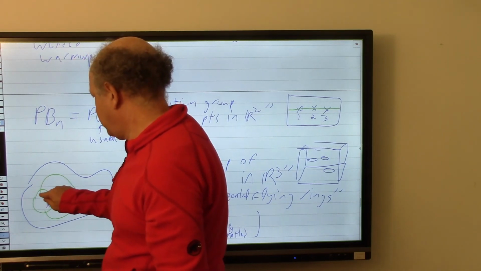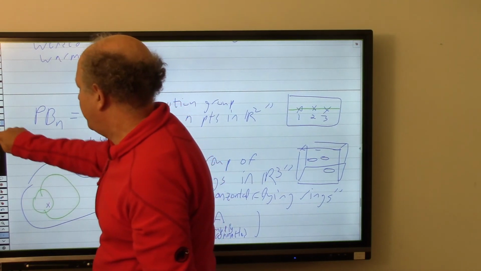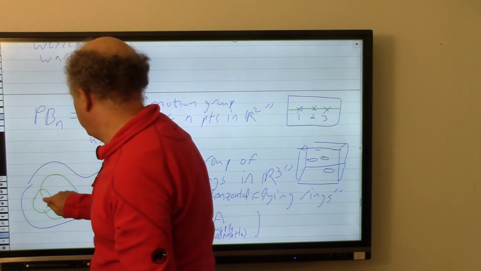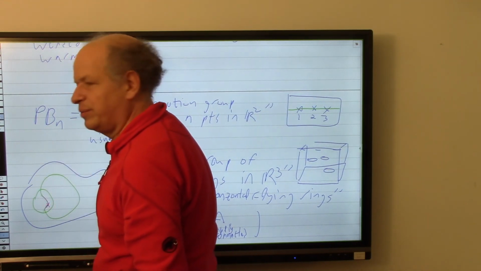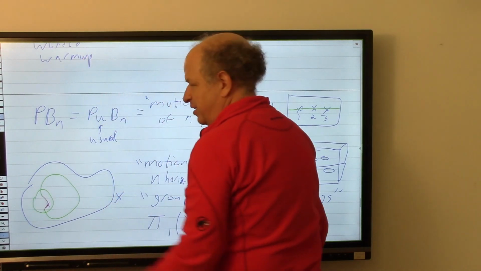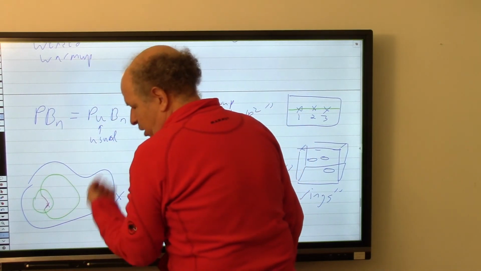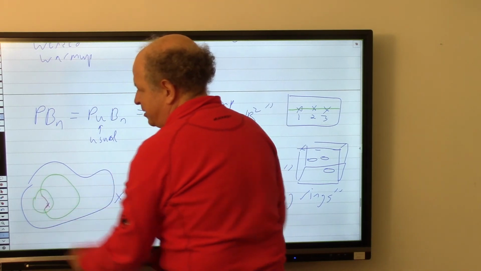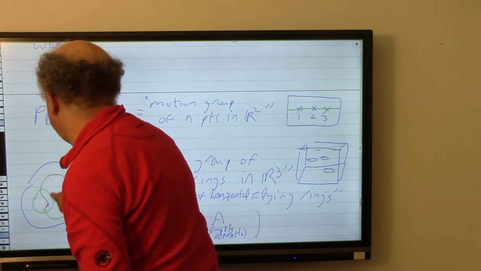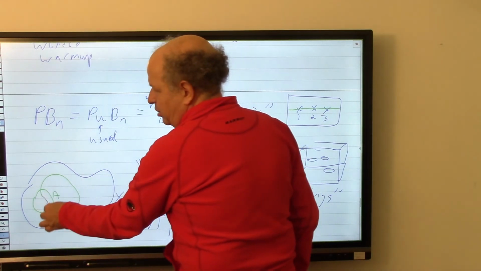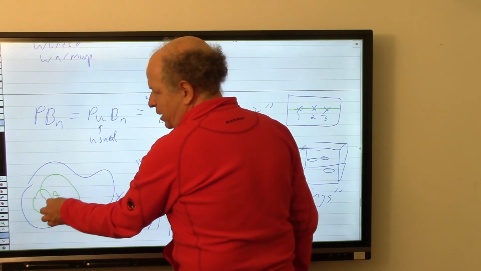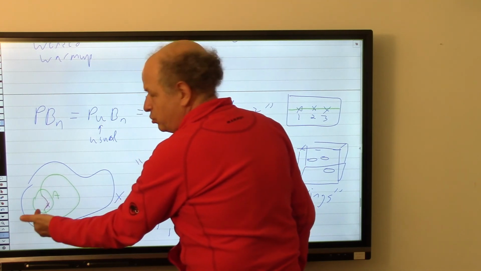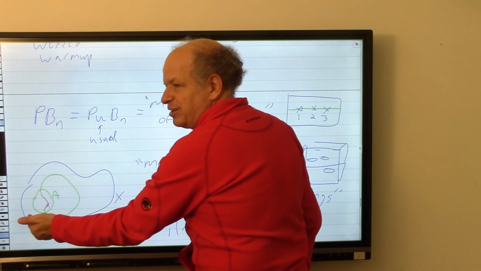If you have a loop that doesn't quite close but that starts and ends in A, then you can turn it into a closed loop by choosing lines into the base point, and it doesn't matter which lines you choose because A is simply connected.